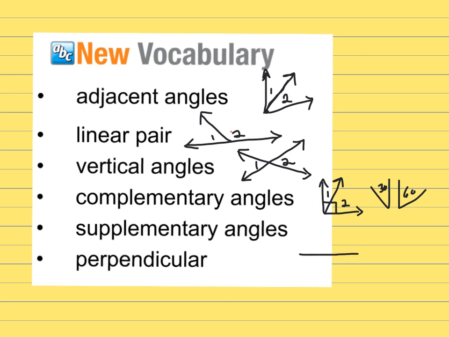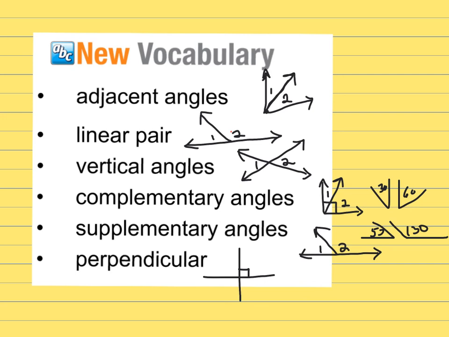Supplementary angles, one example of that is the linear pair, where we have two angles that add up to 180, or if you just have two angle measures that end up being 180, like 50 and 130. And perpendicular is when two lines cross, they form four right angles.